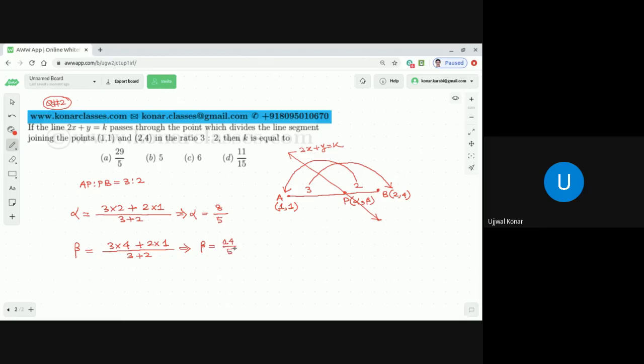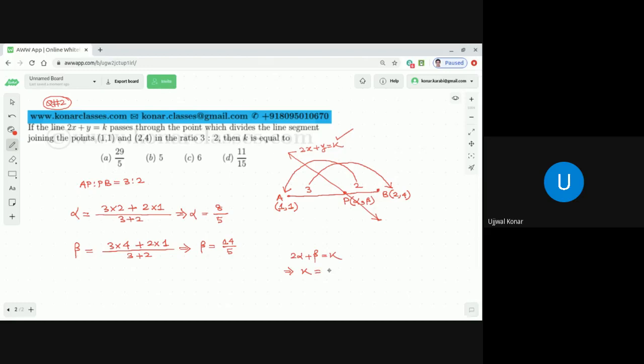Now, as the straight line 2x plus y is equal to k is passing through the point (alpha, beta), that straight line equation must be satisfied by alpha and beta. That means we can write 2 alpha plus beta is equal to k. From here we get the value of k, which is what we need to find.